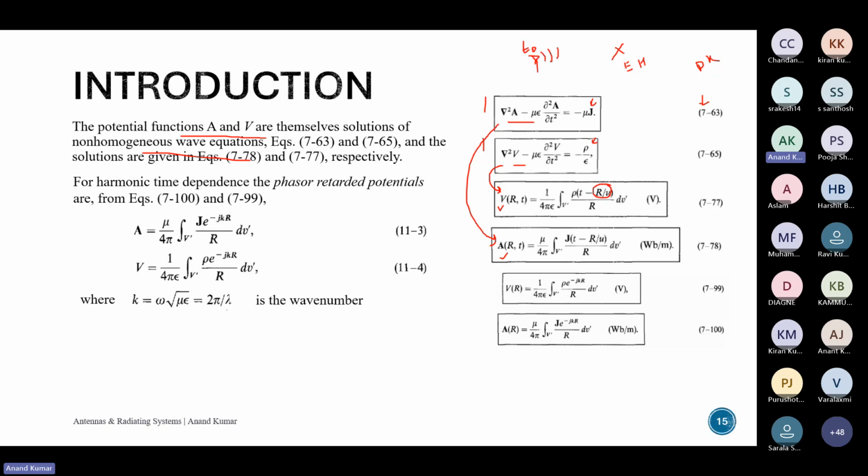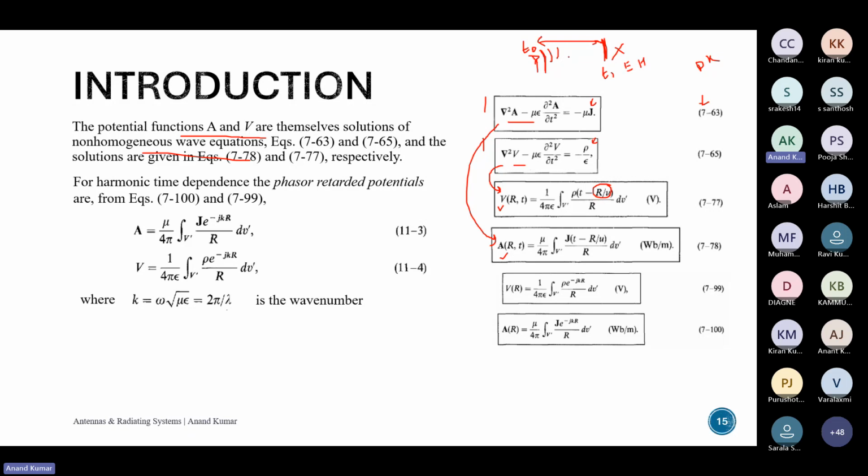This wave launched at t naught will reach there at some t1. This time delay is what gives the retarded potential.